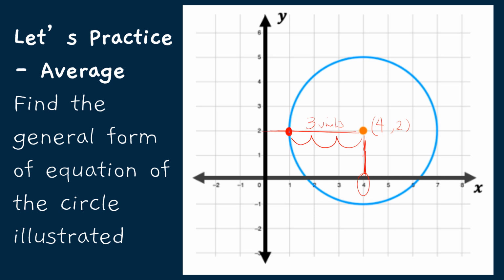So we already have the coordinates of our center, which is 4, 2, and the length of our radius, which is 3 units. Going to the next slide. Center again, 4, 2. Radius is 3 units.